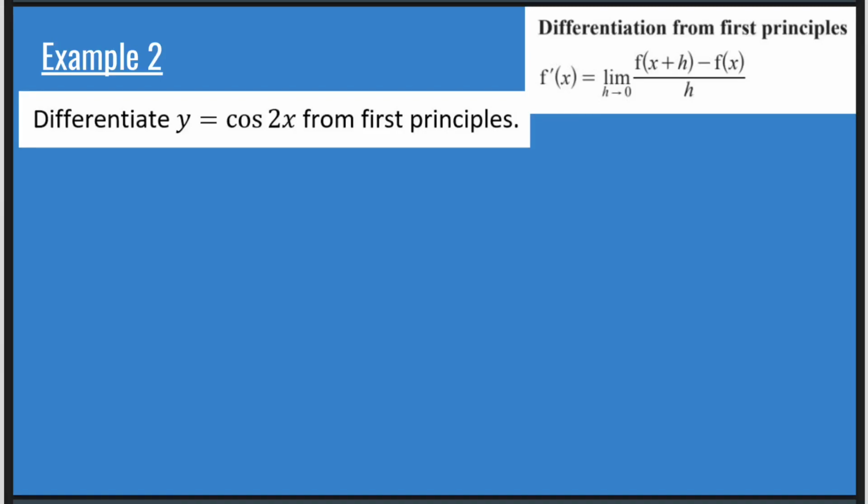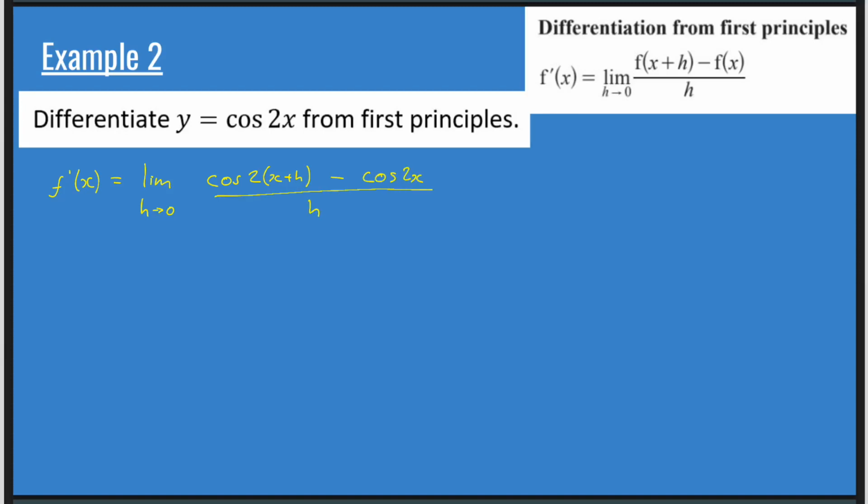So, I'm going to go f dash of x equals the limit of h going towards 0 of cos of 2x plus h. Now, usually we put brackets around that, but I'll leave it for now because I kept missing them and messing up.